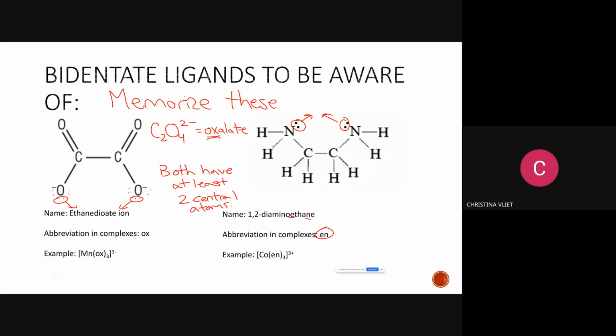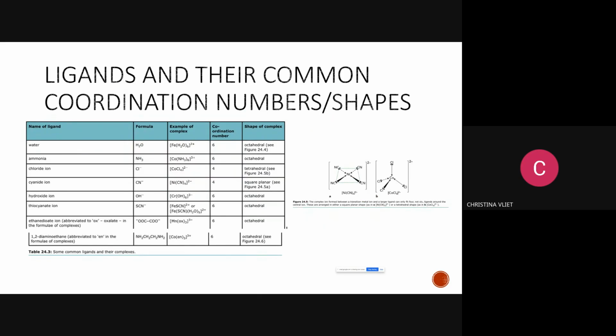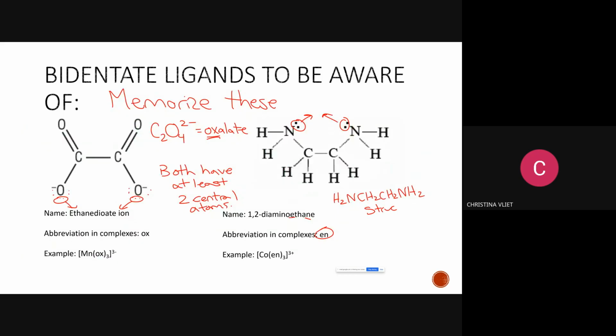Here they're larger. Did Cambridge say you have to know these two by heart? They want you to know these by heart. How could this show up if it didn't show up in its full displayed form? What would its structural formula be? H2N-CH2-CH2-NH2.